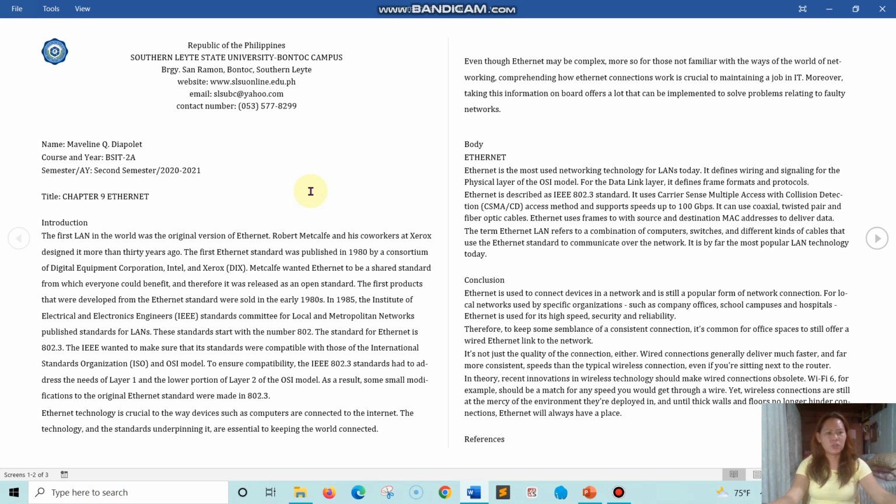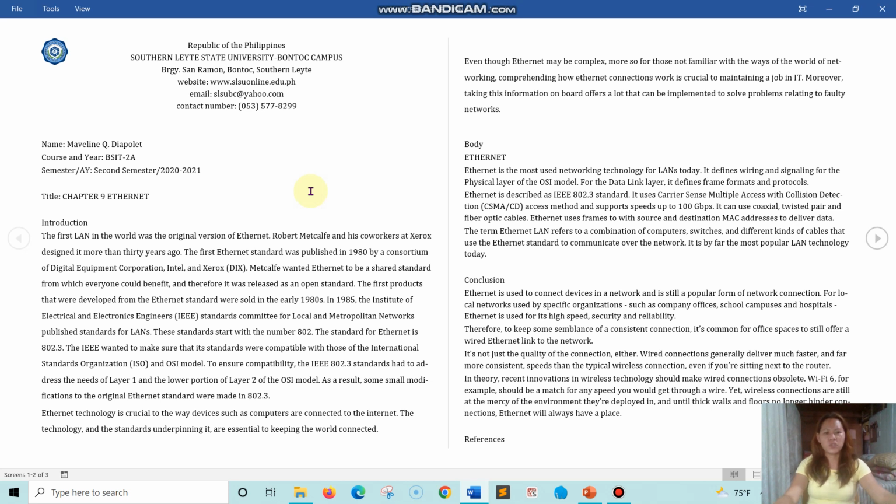It can use coaxial, twisted pair and fiber optic cables. Ethernet uses frames with source and destination MAC addresses to deliver data. The term Ethernet LAN refers to a combination of computers, switches, and different kinds of cables that use the Ethernet standard to communicate over the network. It is by far the most popular LAN technology today.